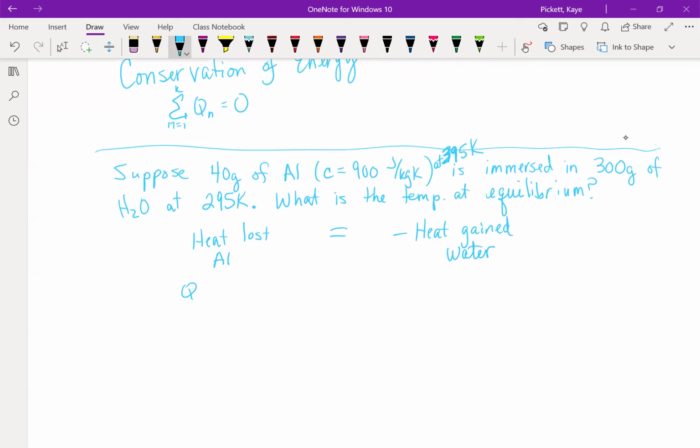And so Q is mc delta T of the aluminum, and that's going to be negative Q, mc delta T of the water. Well, what I don't have is the delta T. I don't know the final temperature. So I'm going to set those equal to each other. So the mass of the aluminum times the specific heat of the aluminum times the final temperature minus the initial temperature of the aluminum.